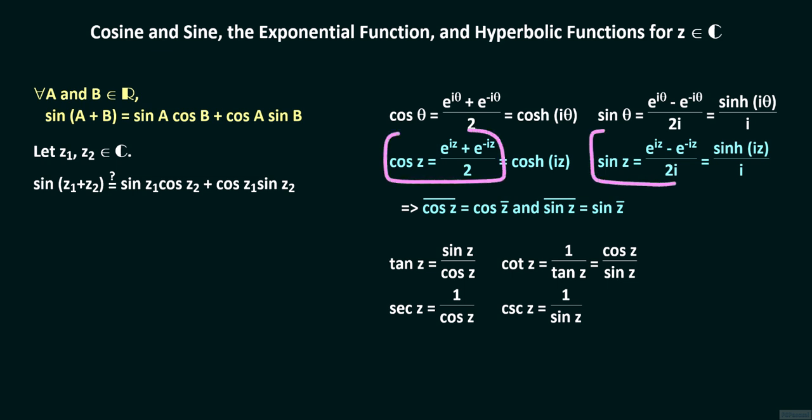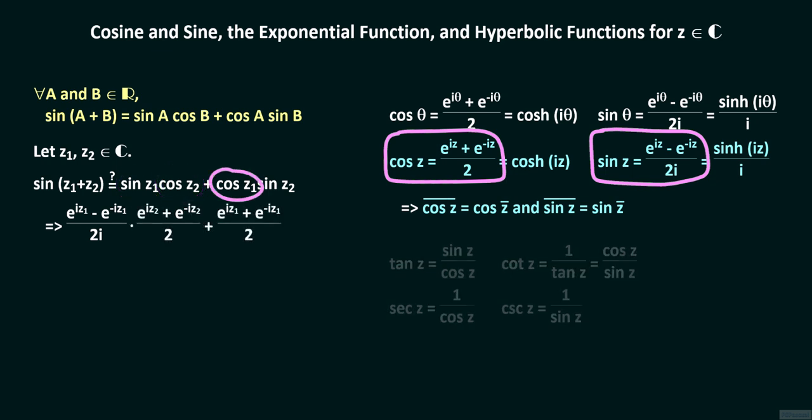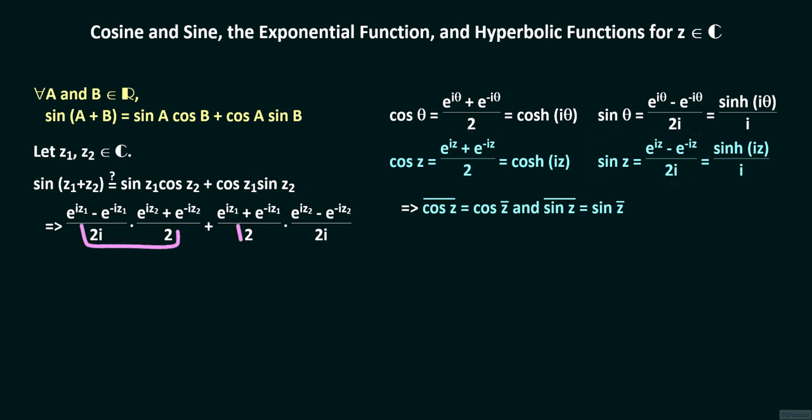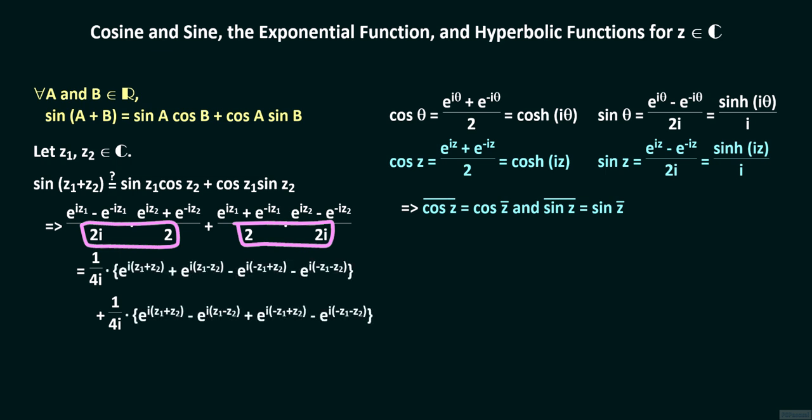Applying the formulas for cosine z and sine z to z1 and z2, sine z1 equals this fraction, cosine z2 equals this fraction, cosine z1 equals this fraction, and sine z2 equals this fraction. We factor out 1 over 4i and multiply out the numerators to get this quantity.